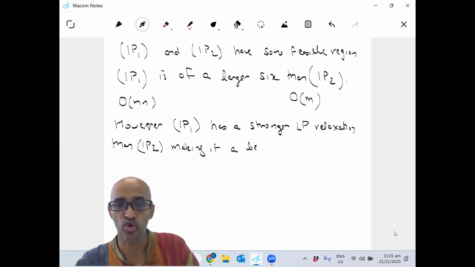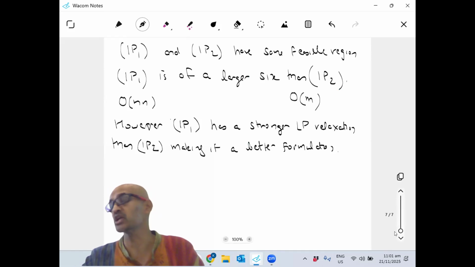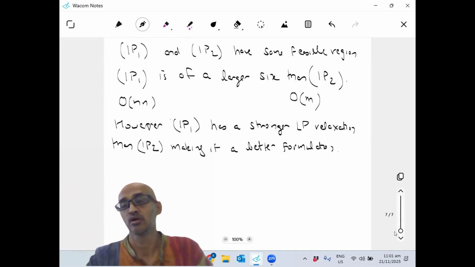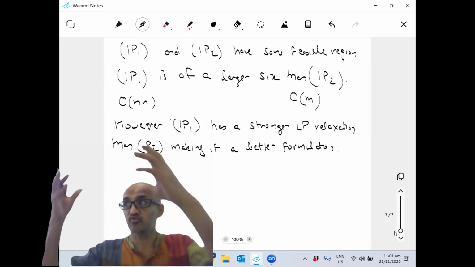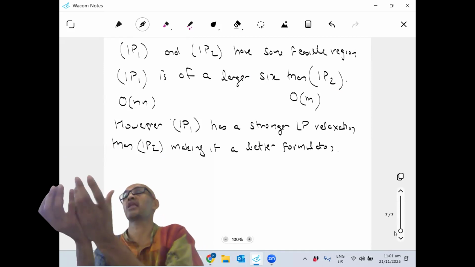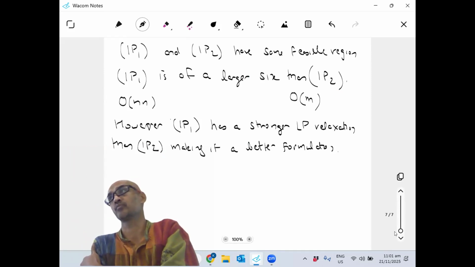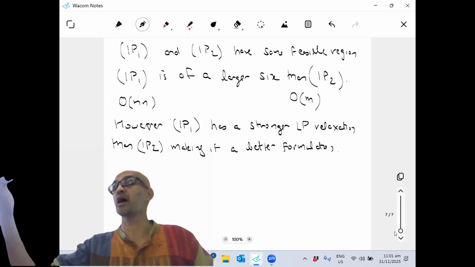Okay. So I'll show you why this is the case. We can take a break and maybe I can do it after the break. But the point is, if you look at the linear programming relaxation, this one has a stronger LP relaxation, which means that the feasible region of the LP relaxation of IP1 is contained within the LP relaxation of IP2. Okay. And I will show this to you maybe after the break.